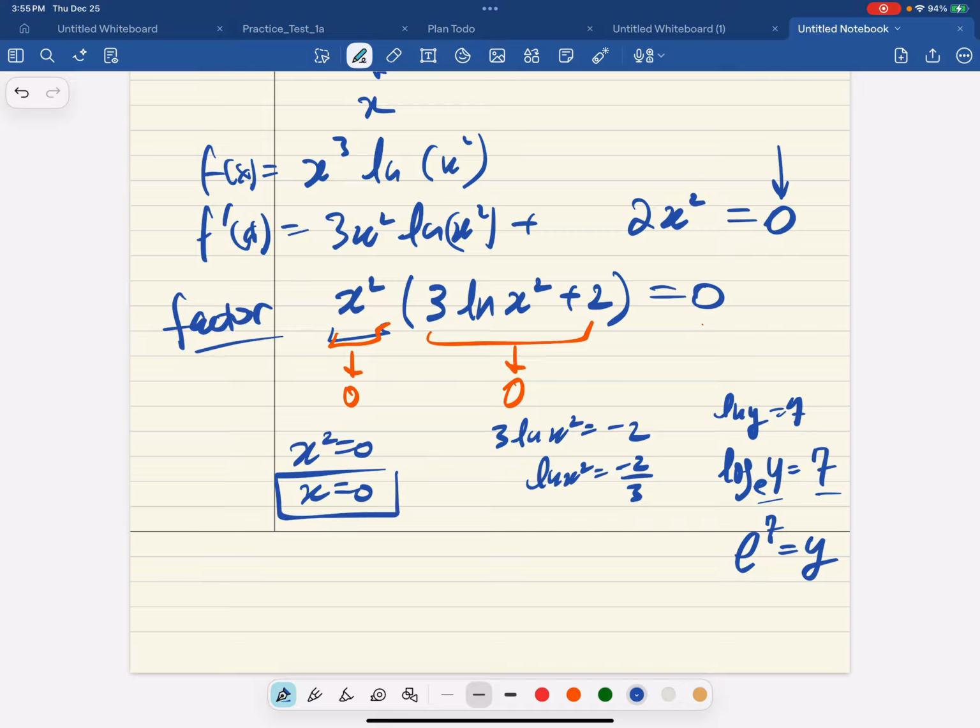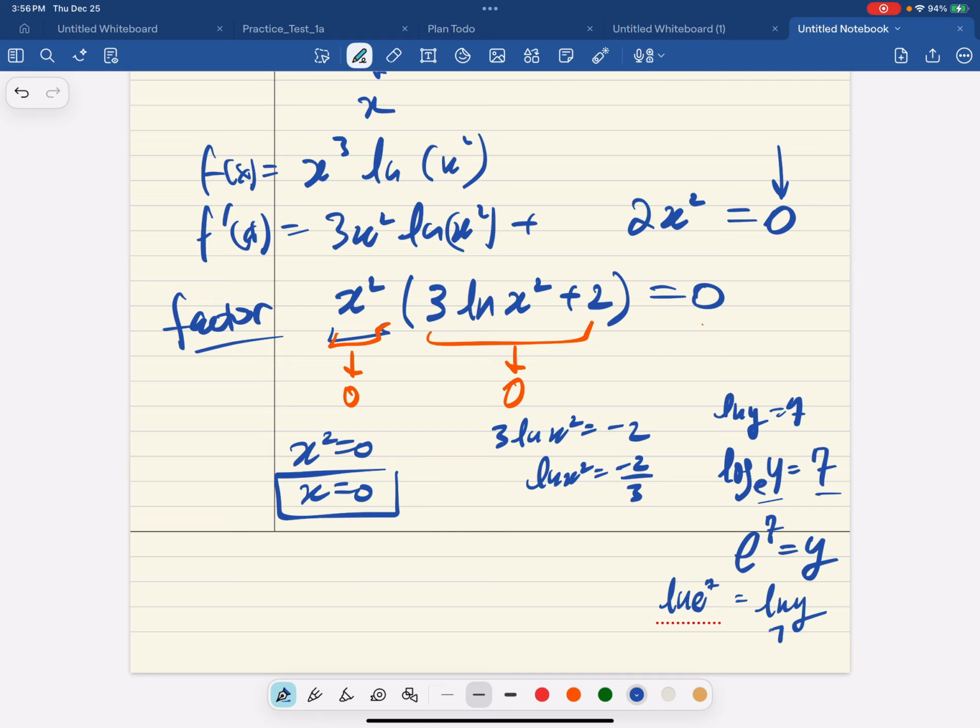So then if you have ln of y, we do ln on each side because we want a ln of y. If ln of y is equal to ln of e to the 7, well then y is equal to e to the 7.